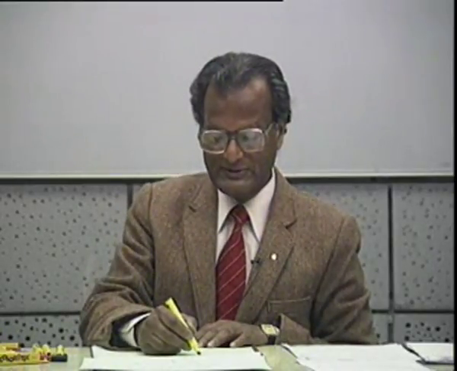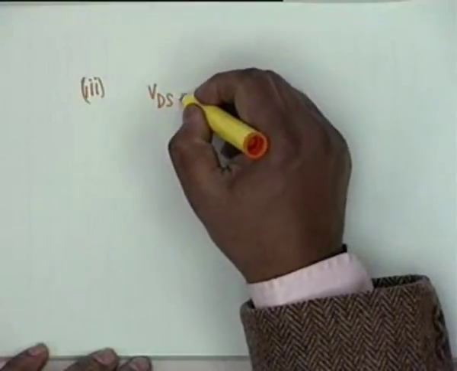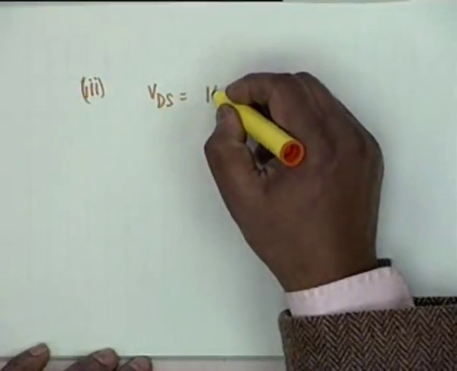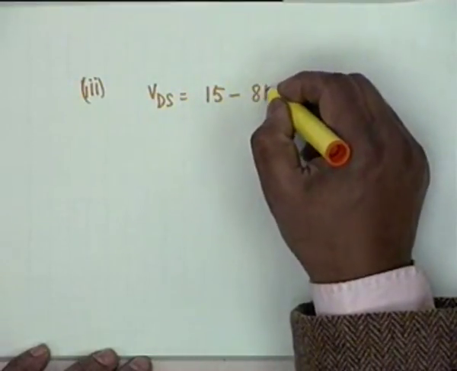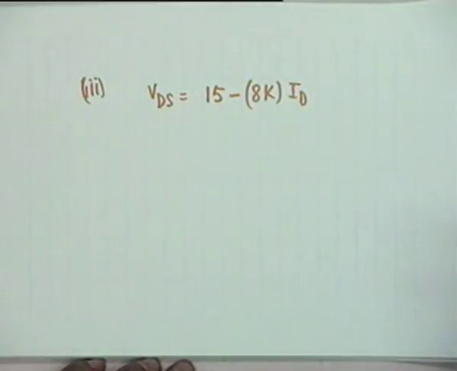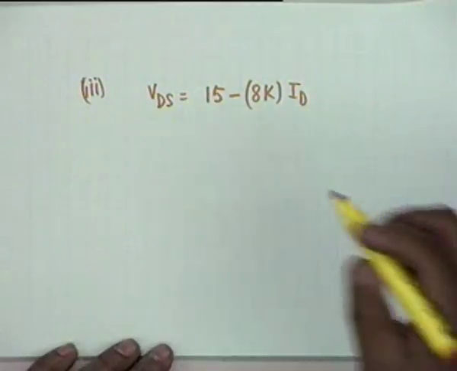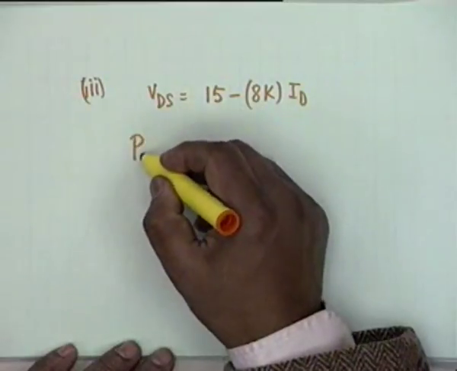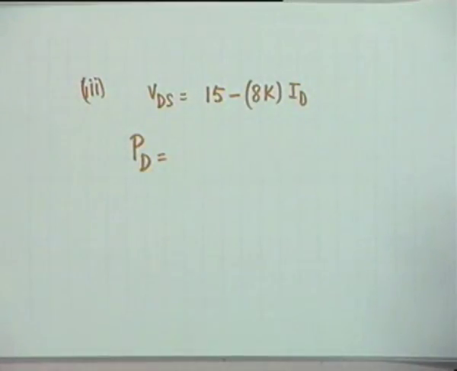Now maximum power dissipation, let us find out what is VDS. VDS is 15 minus 8K multiplied by I sub D, the DC VDS, and therefore PD, the power dissipation in the transistor, the gate does not take any current, so the power dissipation will be only due to the drain current.